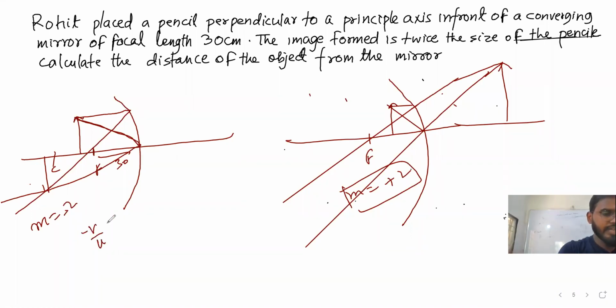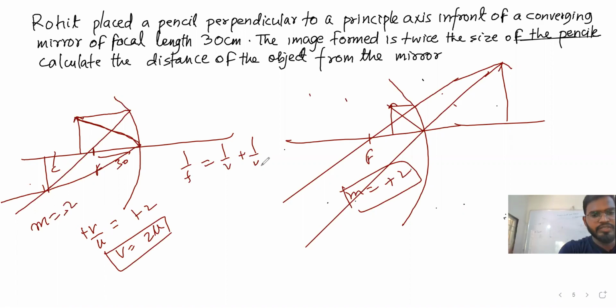So now we can say minus V by U is equal to -2. So V is equal to 2U, right? Now 1 by F is equal to 1 by V plus 1 by U. The focal length is obviously minus 30 centimeter.